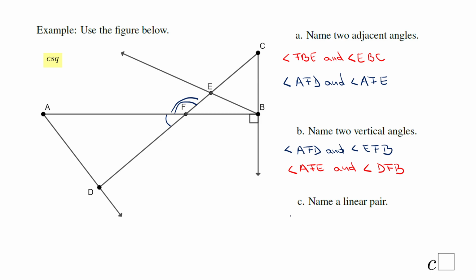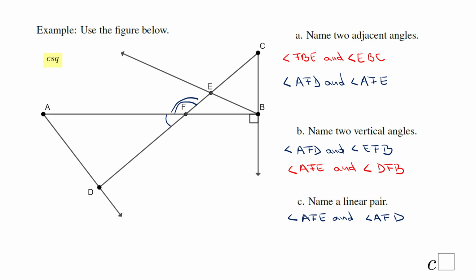Let me write them again: AFE and AFD. And do you remember what is important about these two angles? If we add the measures of these two angles, the sum of these measures will be 180.